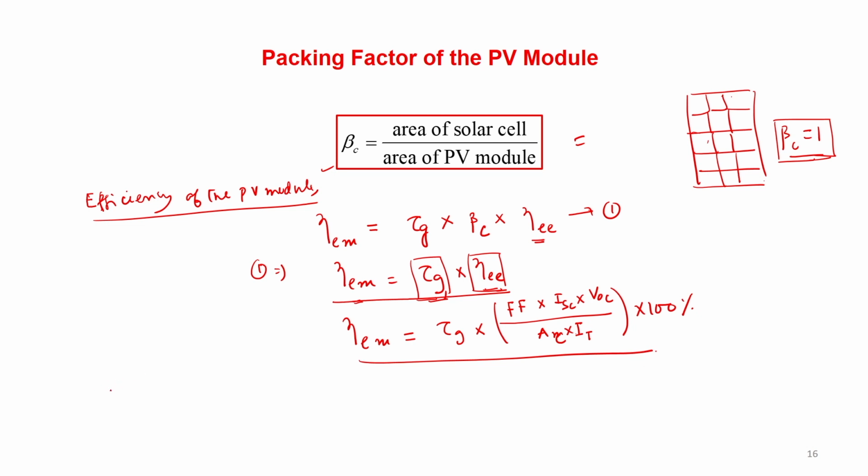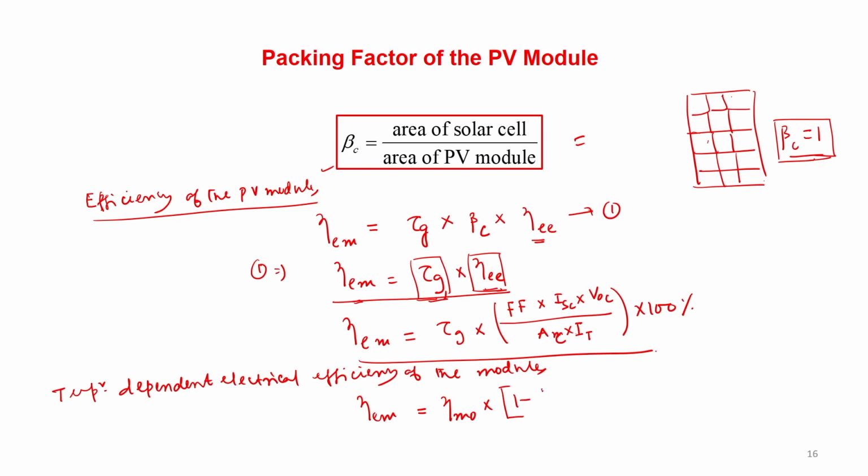And if we write the temperature dependent electrical efficiency of the module, it will be something like eta m0 multiplied by 1 minus beta naught times Tc minus 298, right.